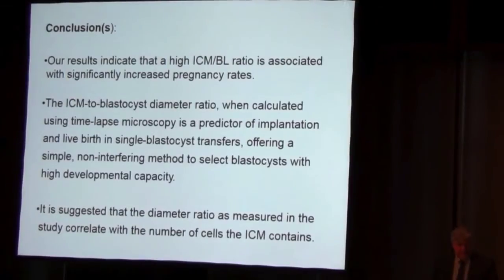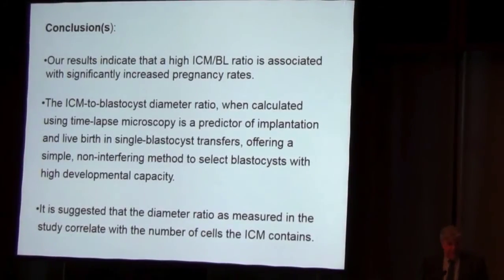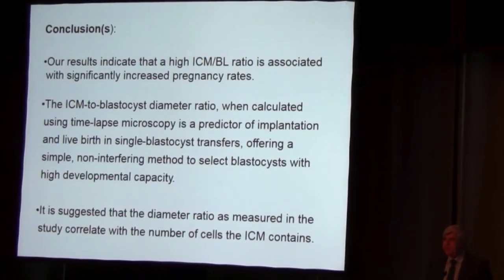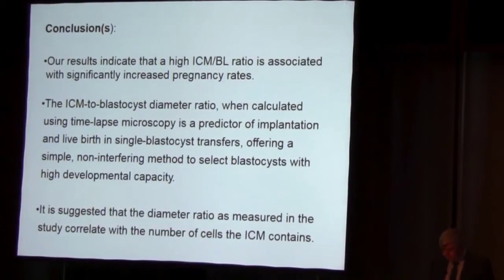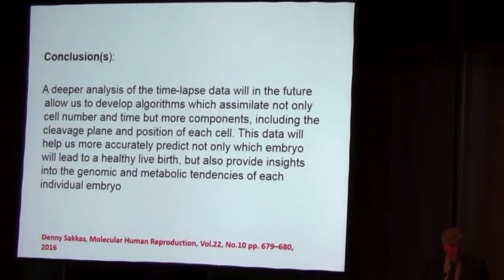It is suggested that the diameter ratio, as measured in the study, correlates with the number of cells of the inner cell mass. So when you have more cells in the inner cell mass, the chance that this blastocyst will end in pregnancy is higher.